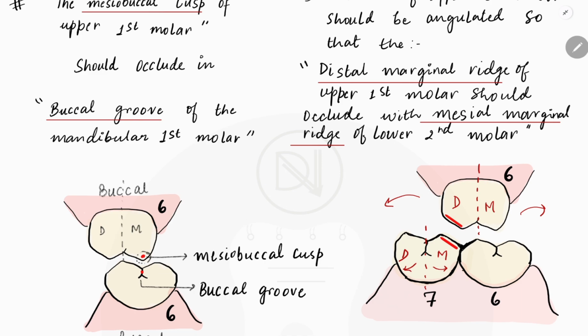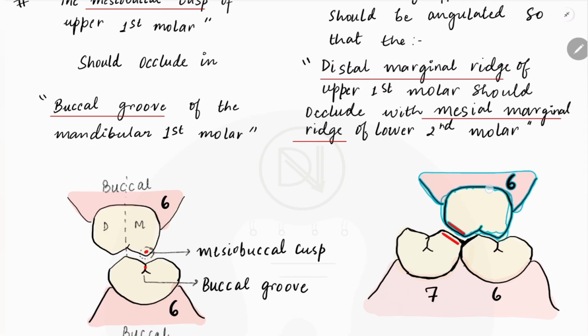So it has been stated that the upper first molar should be angulated in such a way that its distal marginal ridge should come in occlusion with the mesial marginal ridge of the mandibular second molar when they are in normal occlusion.